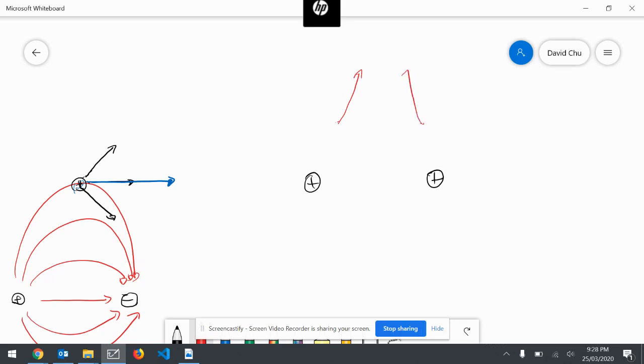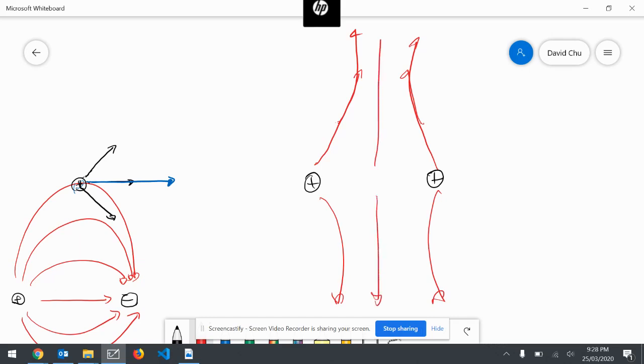Something over there is going to go that way. So overall, you're going to end up with field lines like this. On the outside, on the right and on the left, things are going to go this way and that way.